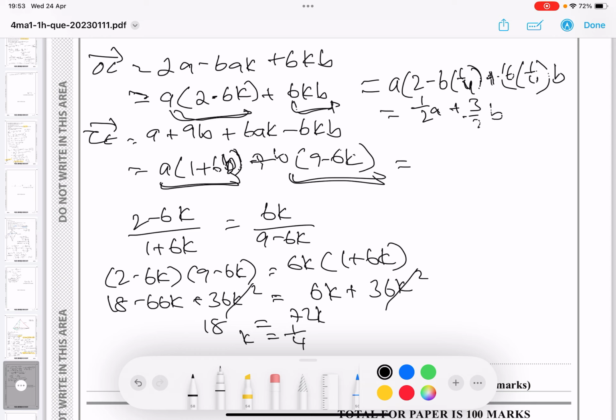And if we do the same for this, if we substitute a quarter in, you'll get 5 over 2a plus 15 over 2b.